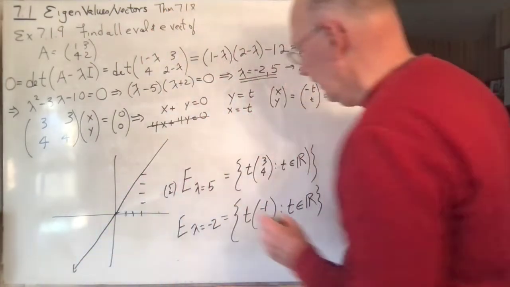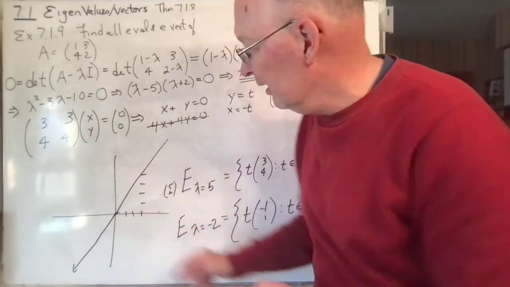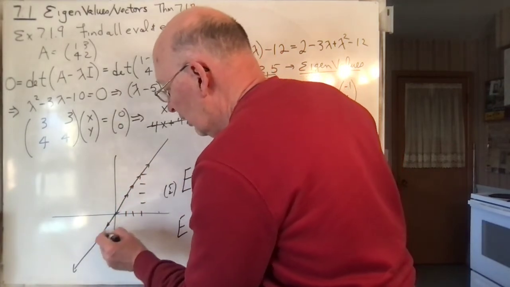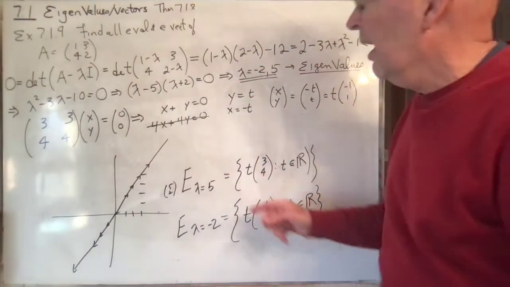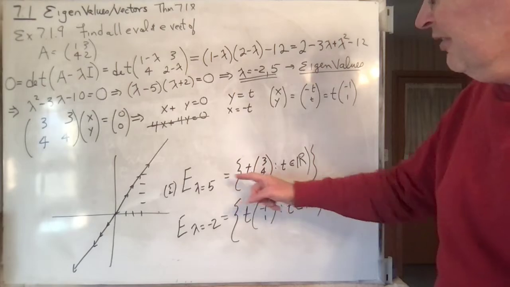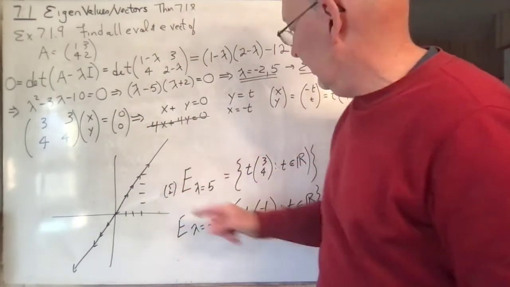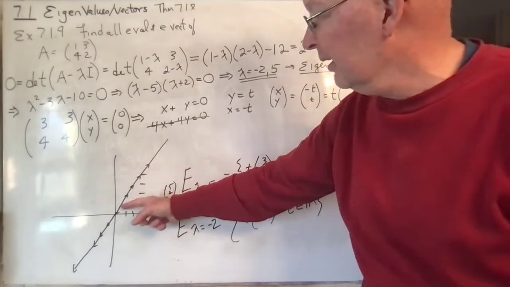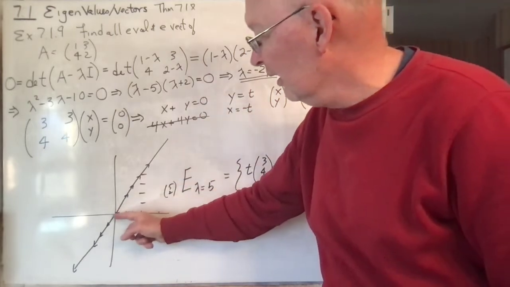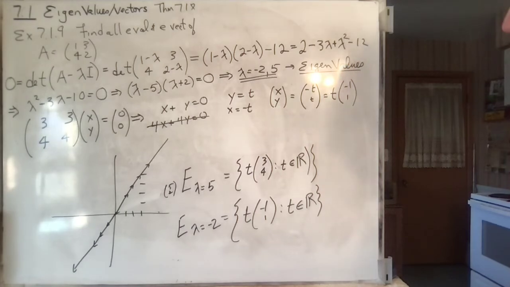Everything along that line there, any vector along this line, when you stick it into here, this thing is going to take any vector that looks like this and just multiply it by 5. So it's just going to give you the same direction. It's just going to be 5 times as big. See that? So that's what it does.